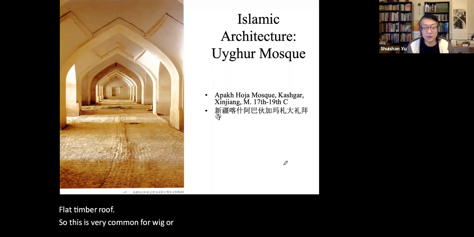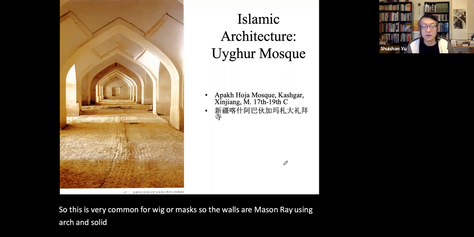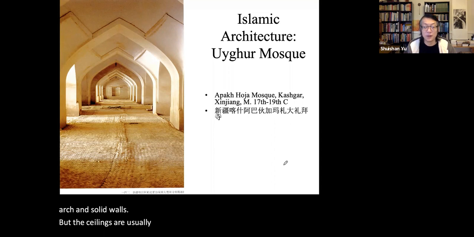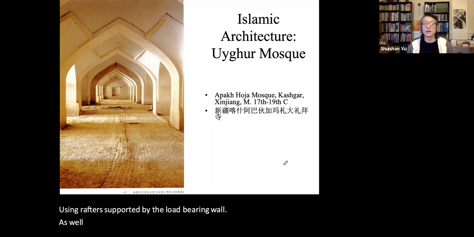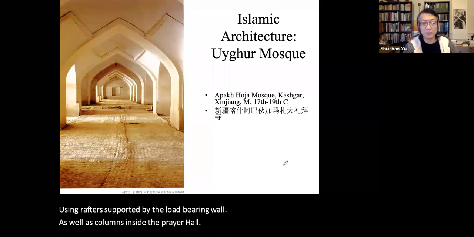The walls are masonry using arches and solid walls, but the ceilings are usually timber roofs using rafters supported by the load-bearing wall, as well as columns inside the prayer hall. Mats are spread on the floor for prayer.